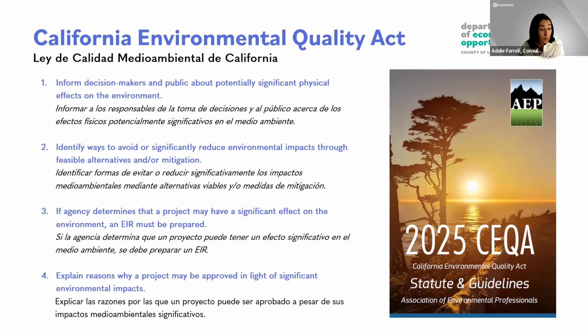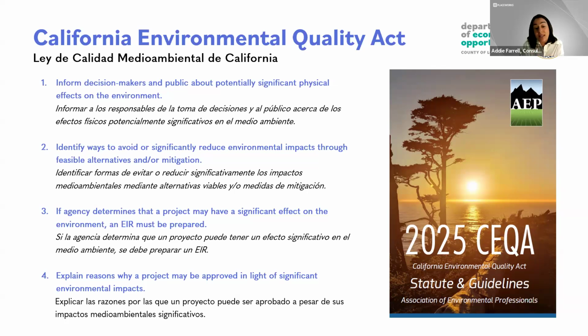CEQA is about informing the decision makers and the public, again, why we are all here this evening, about physical effects on the environment, and really fostering interagency coordination early and prior to a project's approval. CEQA identifies ways to avoid or significantly reduce environmental impacts through what we call mitigation measures or feasible alternatives to a project.